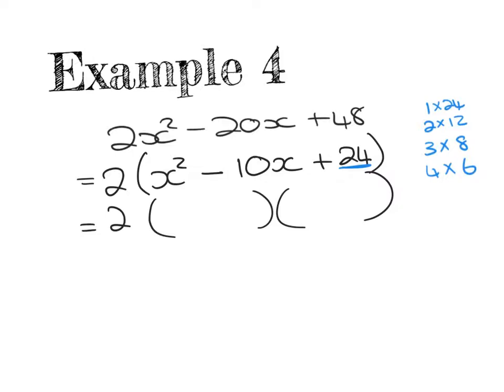I want to get minus 10. And I need two minus numbers to get a plus. So it can be minus 4 and minus 6 will give me minus 10. So it will be x and x, minus 4 and minus 6.